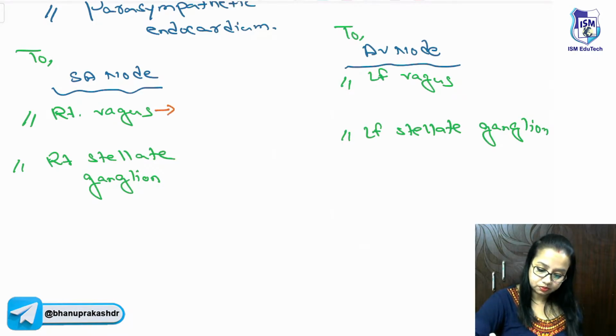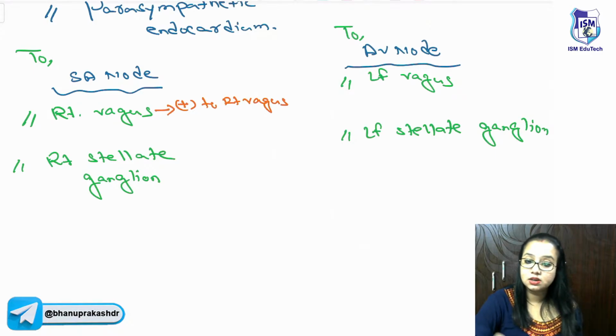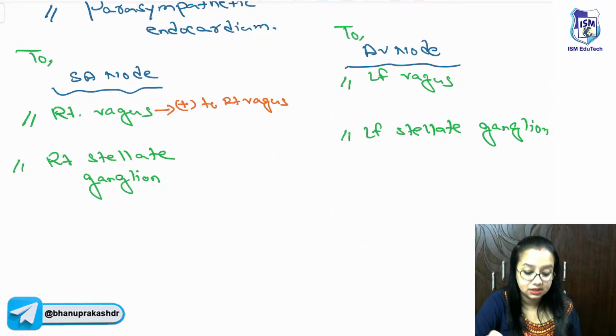So, stimulation to the right vagus. Now, the vagus nerve is inhibitory. Its parasympathetic effect on the heart is inhibitory in nature.